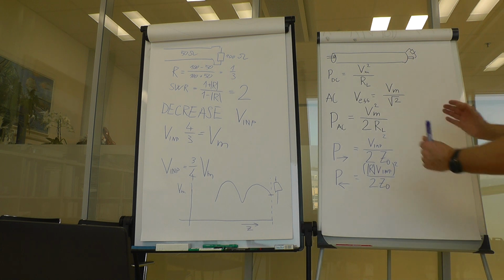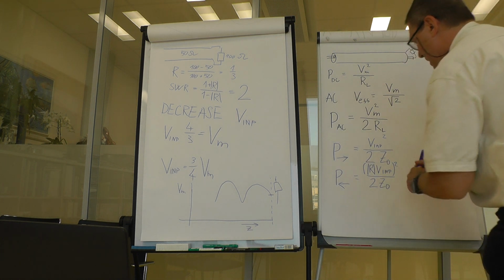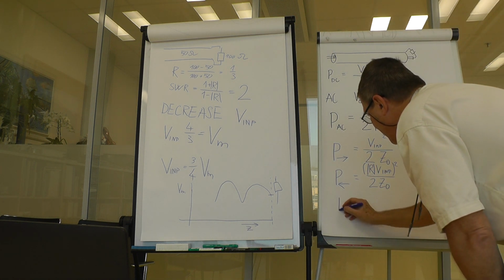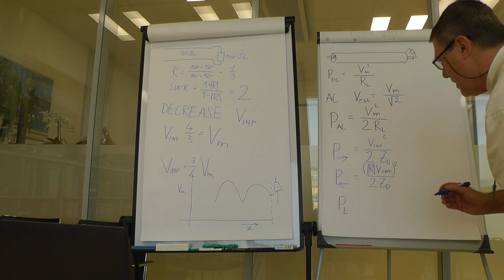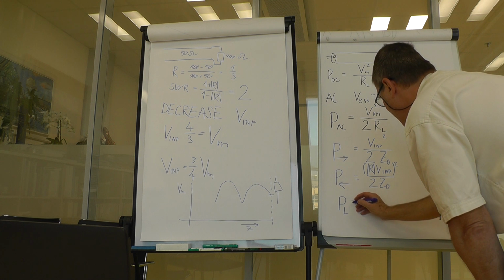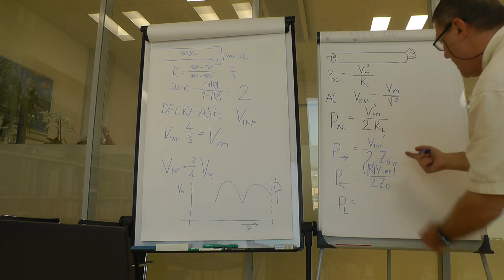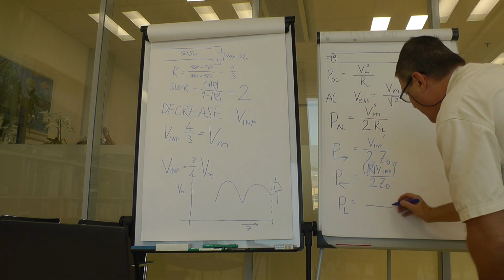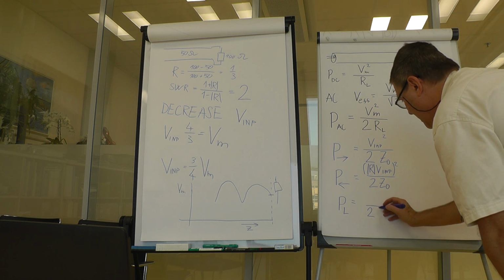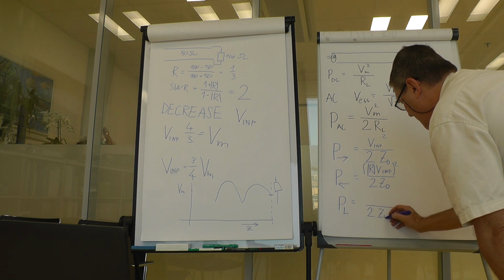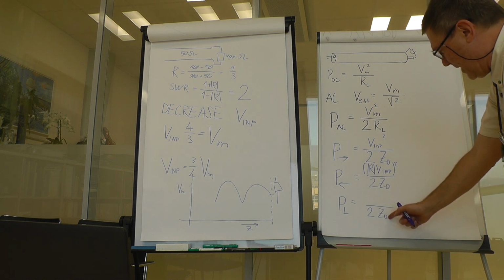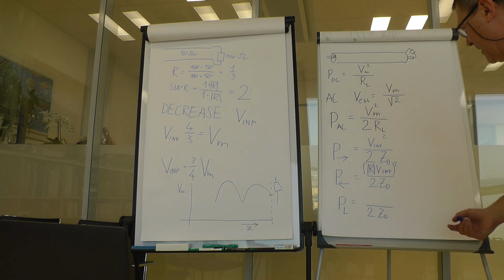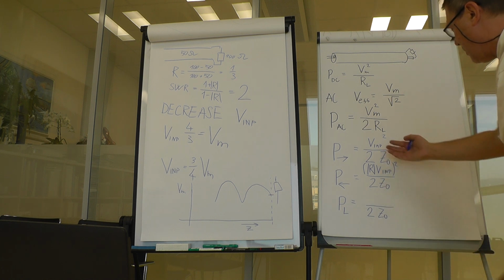So if we get this into one equation, the power delivered into the load would be, and now we can first put the impedance of the cable into the denominator. It's common to those equations.